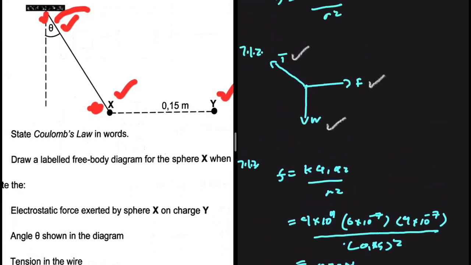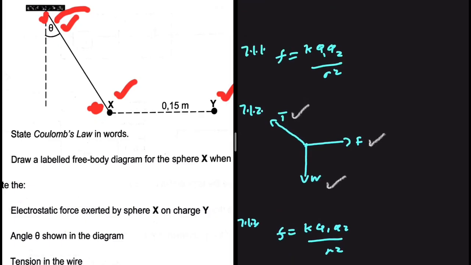Let's go back to our free body diagram. Our sphere is stationary. That tells us that the weight and the y component of the tension are balanced, and the electrostatic force and the x component of the tension are balanced. That's what we can use to get to our answer.